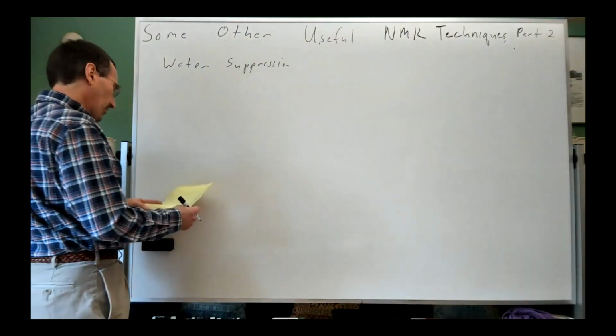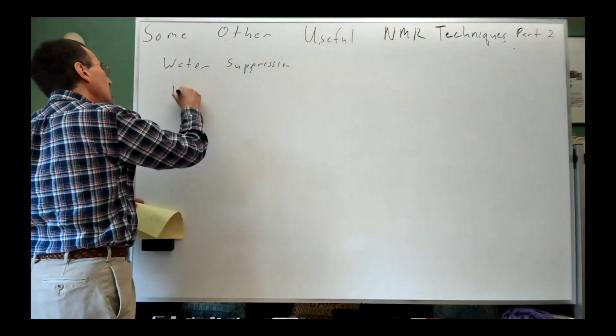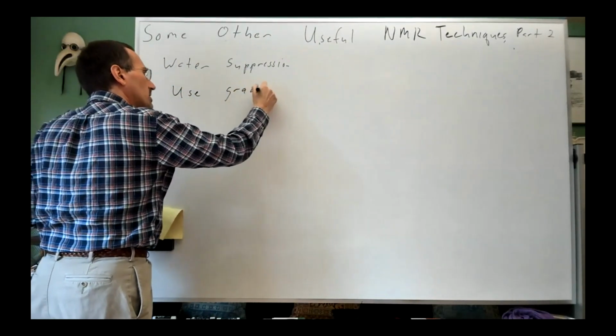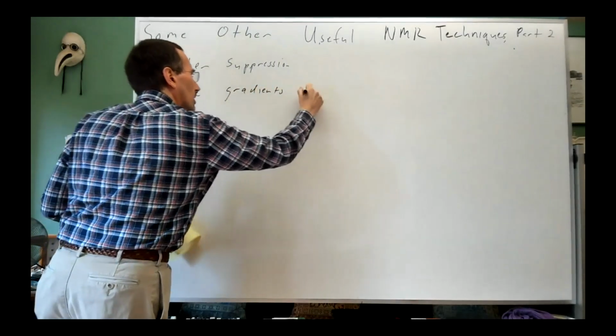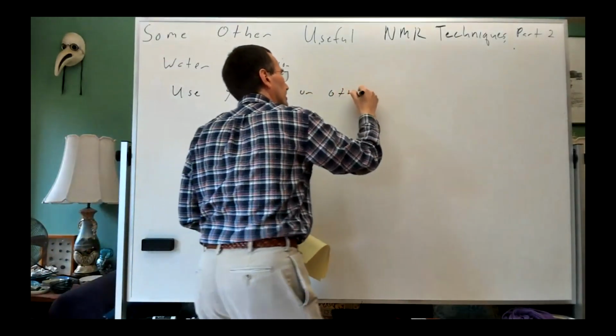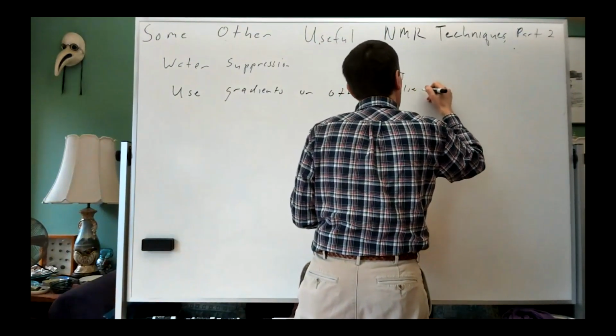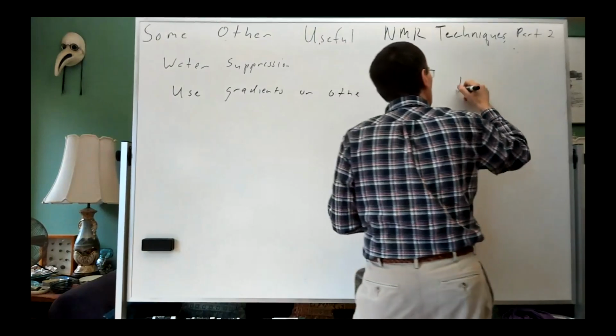So there's a couple of ways of doing this. Basically what you do is you use gradients or other pulses to go ahead and eliminate the H2O peak.